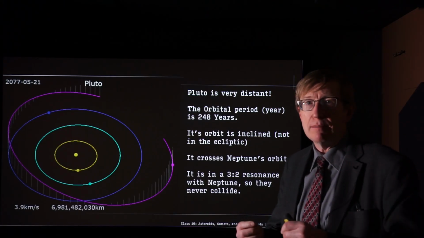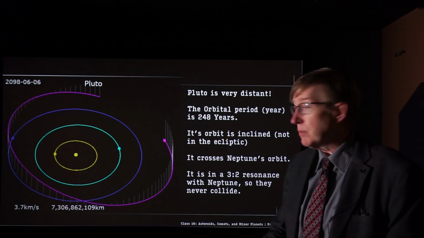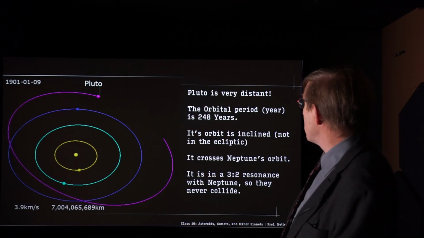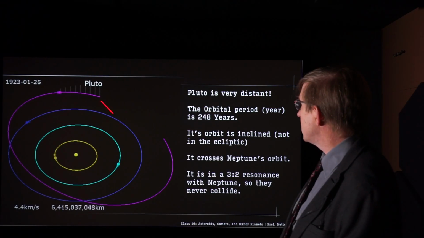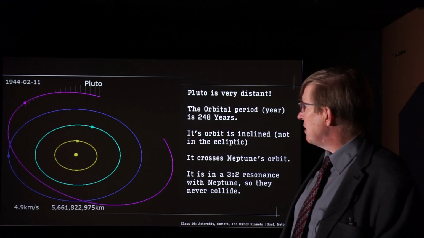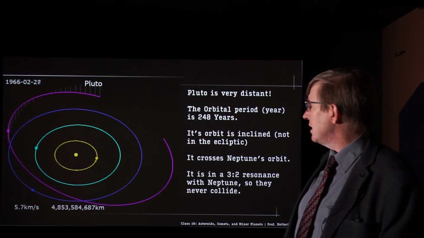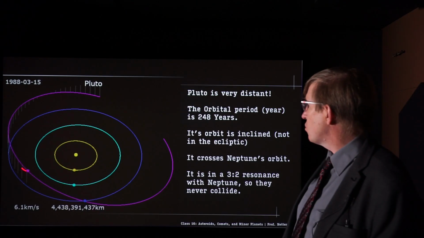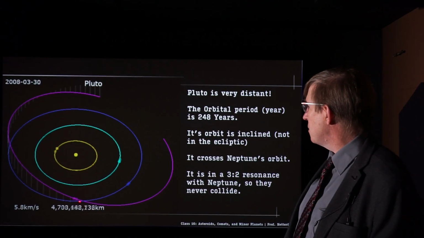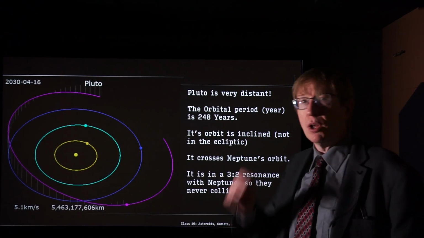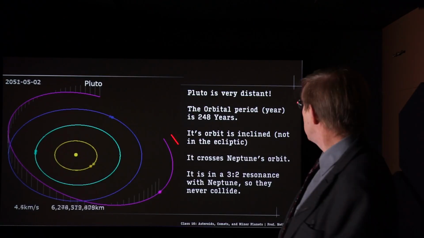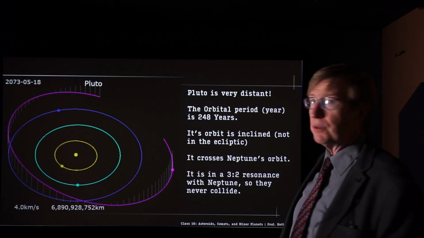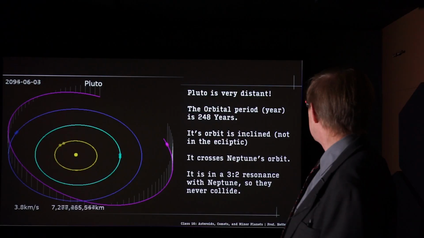Sometimes a resonance will make it more stable, depending on where you are, what phase you're in. This is a resonance that keeps Pluto's orbit stable and makes sure that Pluto can never run into Neptune. Whenever Pluto crosses Neptune's orbit, it does so when Neptune is not there. And that will always be true. So even though Pluto is crossing Neptune's orbit, Pluto and Neptune will never collide.